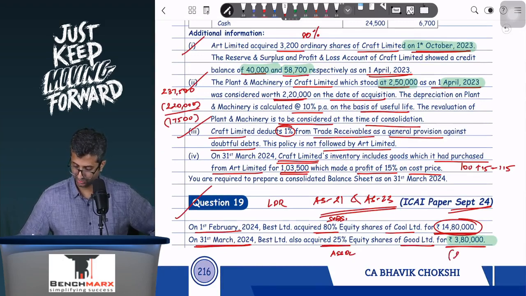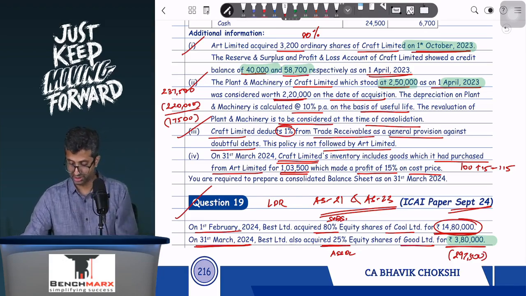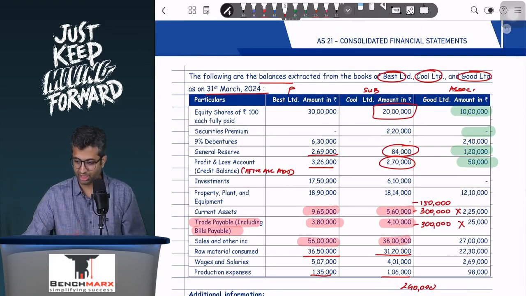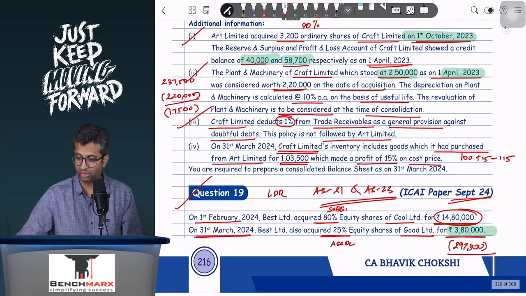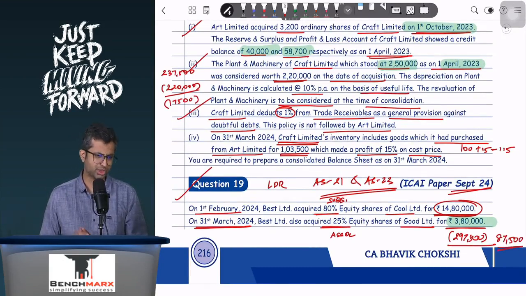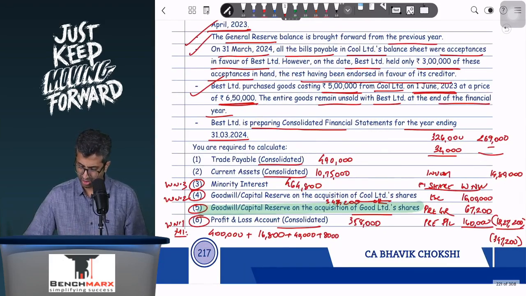You will compare 3,80,000 for a 25% stake with 292,500, and hence the excess that you are paying is around 87,500, which will be disclosed separately as per AS 23 in the associate working. Are we clear with this?